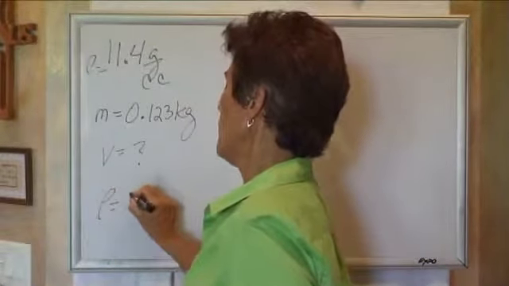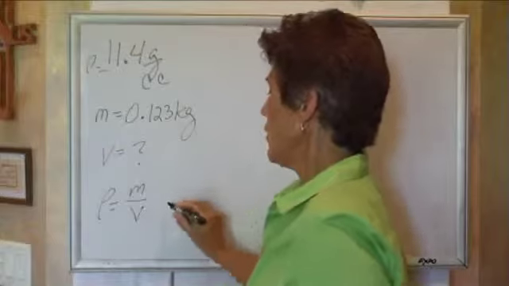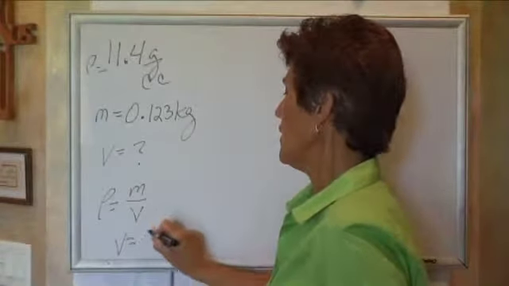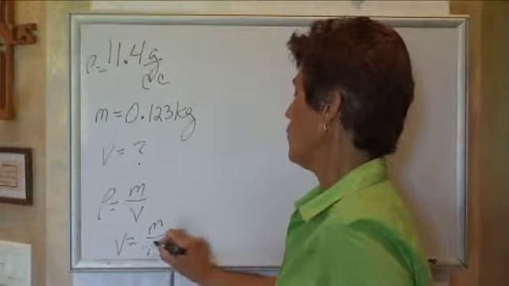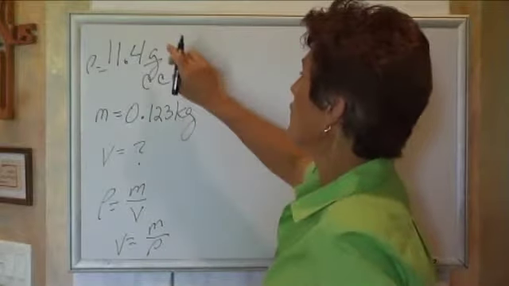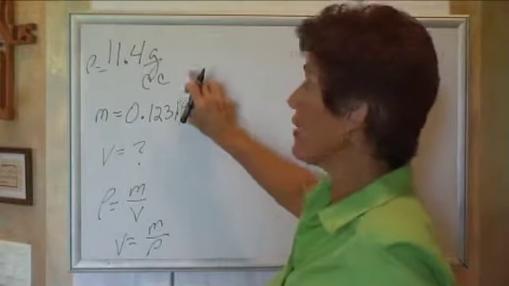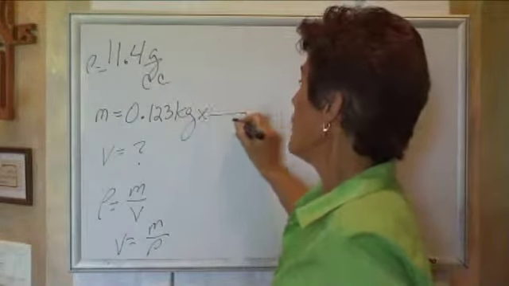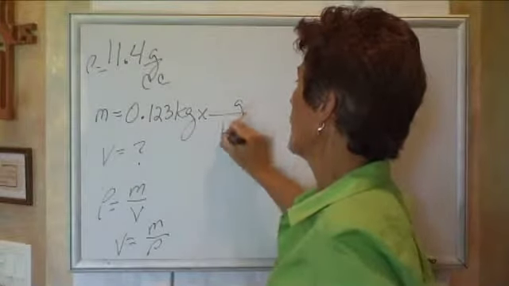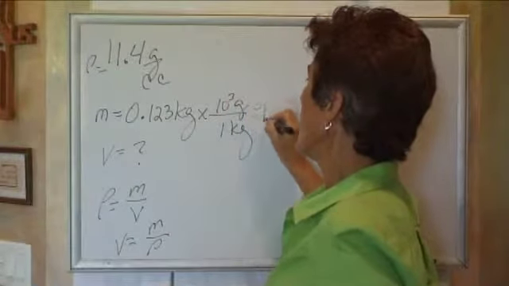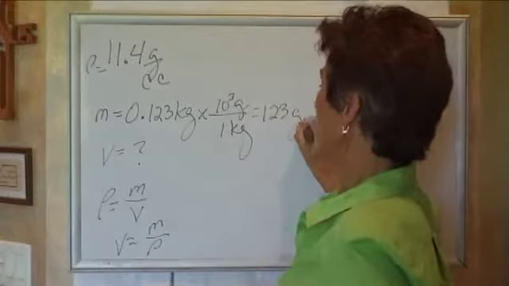Okay, right away I'm going to figure out my equation. So that's going to make volume equal mass over rho. I can see that I'm going to have to convert kilograms to grams. So I'm going to go ahead and take care of that. So that's going to give me 123 grams.